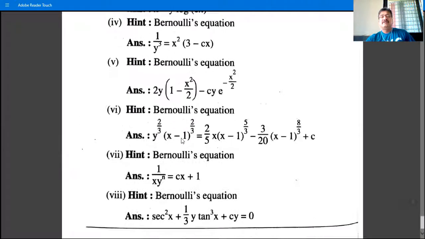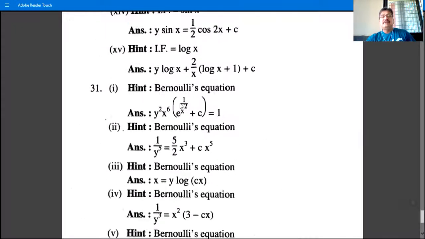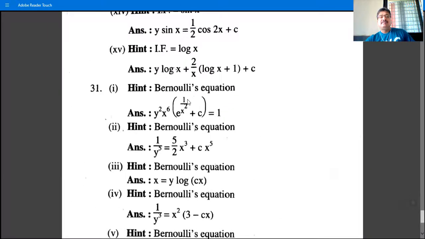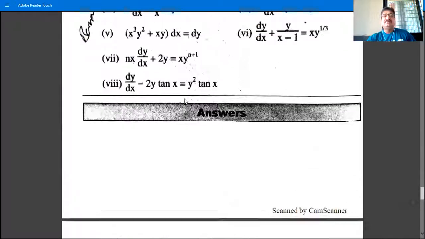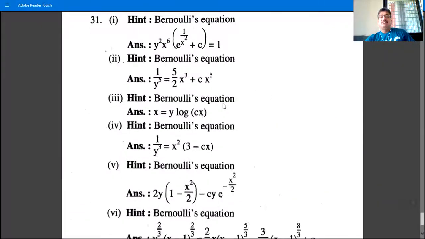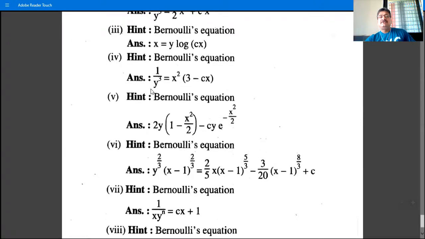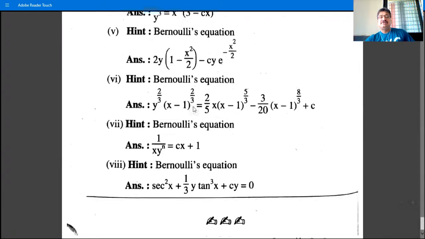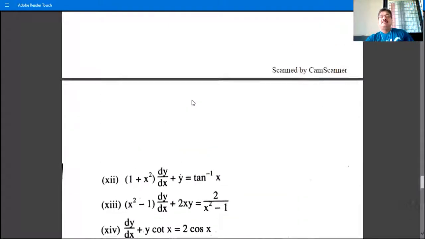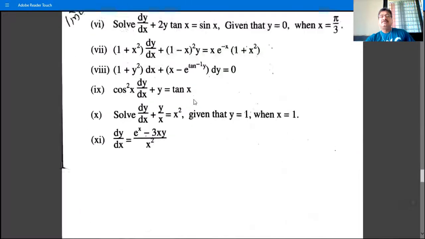The given differential equations in this exercise, number 31, are all Bernoulli's differential equations. So identify the Bernoulli's differential equation and then find its solution. Solutions and answers are all given. So solve all these problems of linear differential equation and Bernoulli's differential equation.